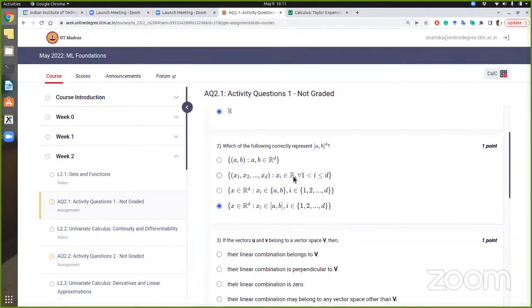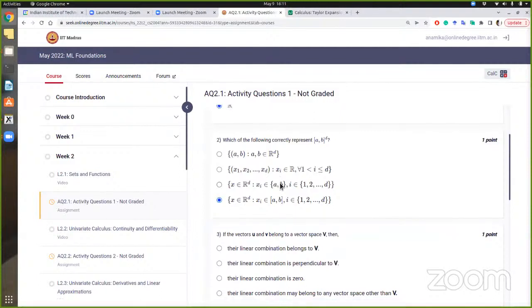And Xi belongs to R, which is incorrect. Each Xi should belong to any element between A and B. So that's the wrong thing here. And looking at the first option, A comma B should be the elements of the set, which is incorrect. So only the last option would be the correct one.